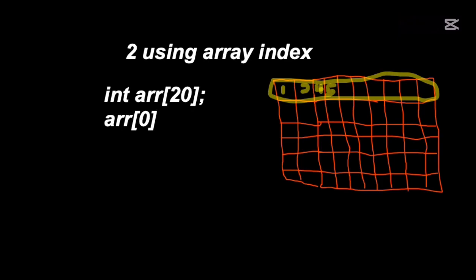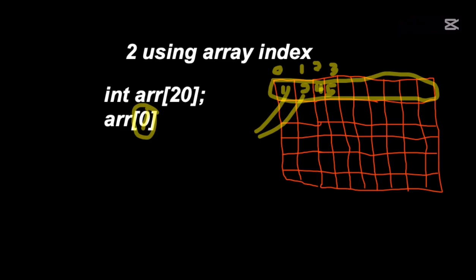So how do we know the index? Here we start from 0. So this is how we number them: 1, 2, 3. If I'm saying 0, this means here. If I'm saying 1, this means here. If I'm saying 2, this means here.